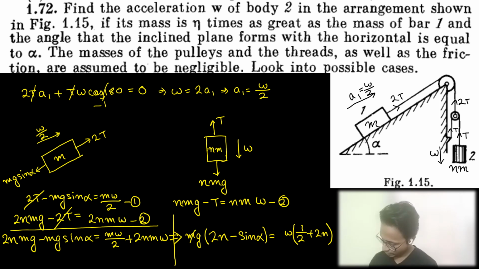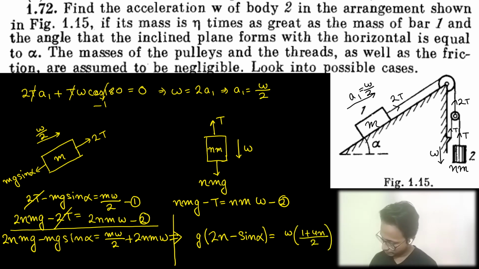And here, I can take the LCM as 2. So 1 by 2 plus 2n is nothing but 1 plus 4n by 2. So here, I can rewrite this as 1 plus 4n by 2.